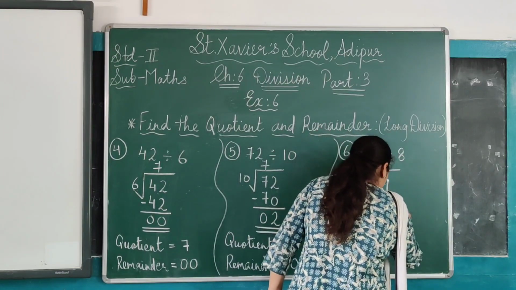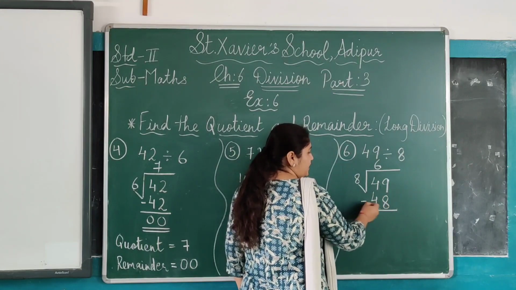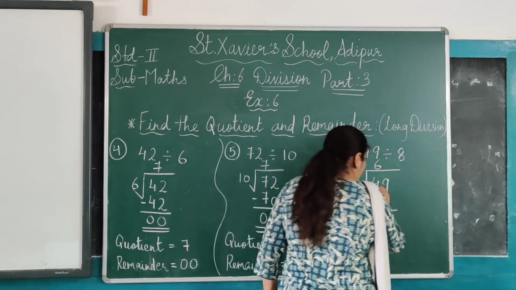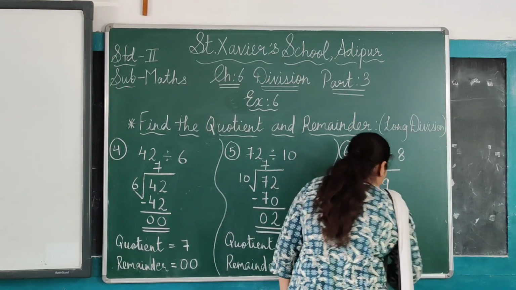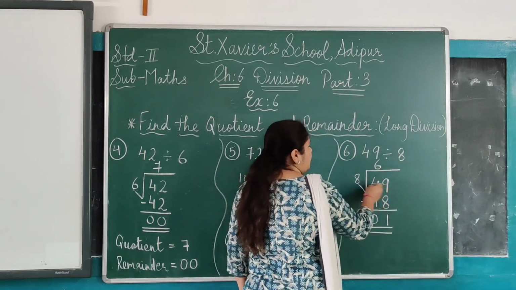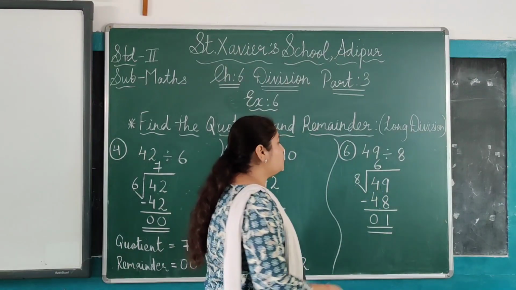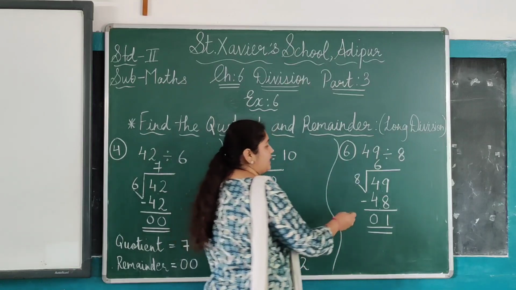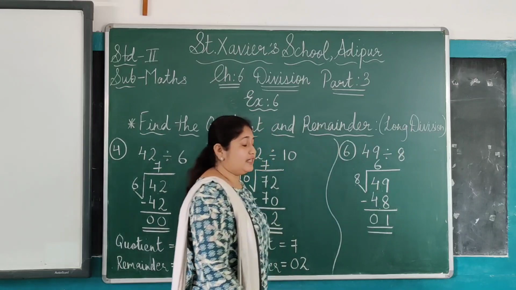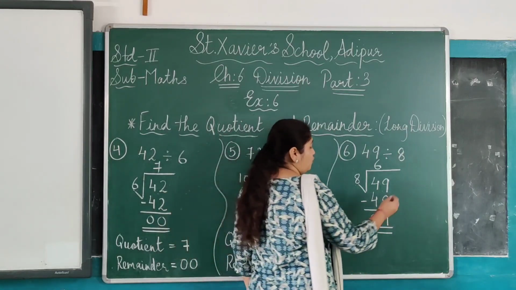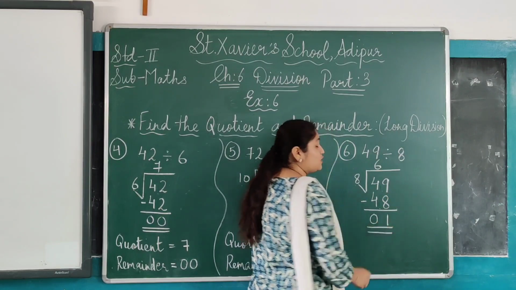Then we will subtract this. Now 9 minus 8 is 1 and 4 minus 4 is 0. Right? See, 49 को जब आप 8 से डिवाइड करोगे तो 49 तो 8 के टेबल में नहीं आता. So we will take the smaller number. Then we have taken 8 6s are 48. हमने क्या लिया? 48 लिया. So when you subtract this 48 from this 49, remainder is 1.